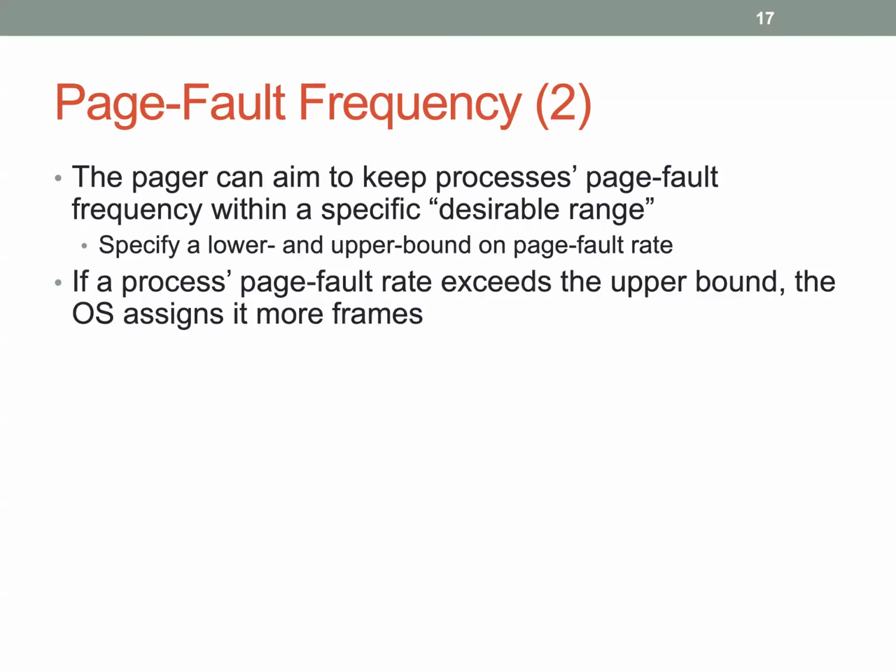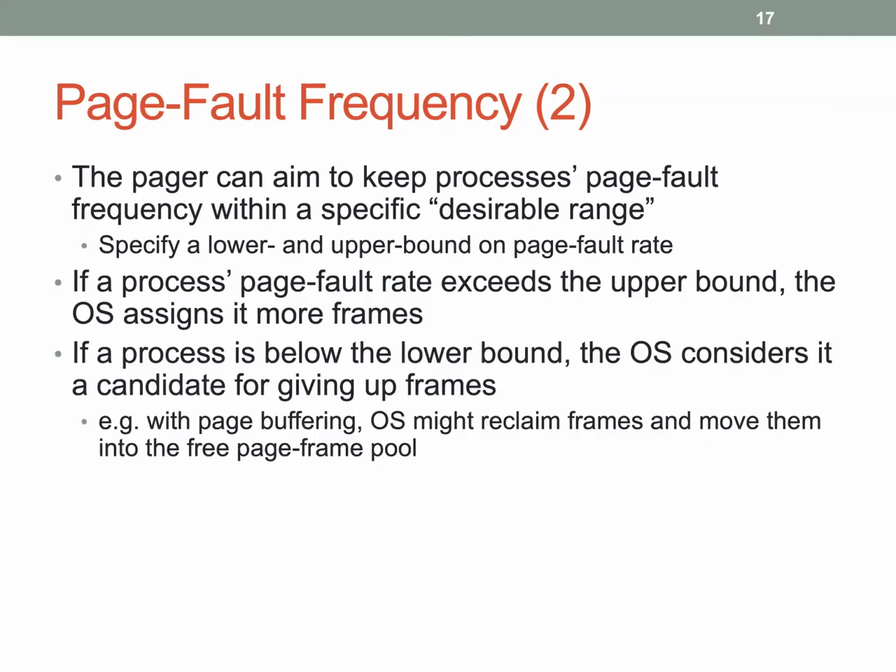And so if a process has a page fault rate that exceeds that upper bound, then you start taking steps to give it more frames from processes maybe that are on the lower end of that range. Okay, so you're probably bringing up those processes' page fault frequency.